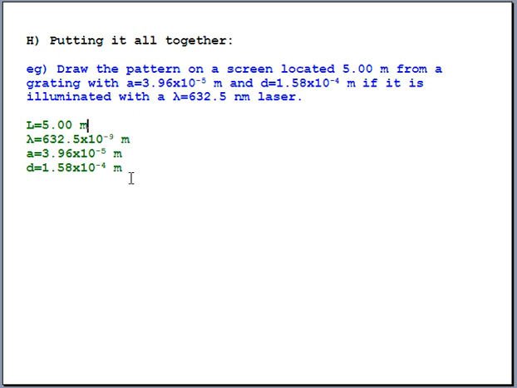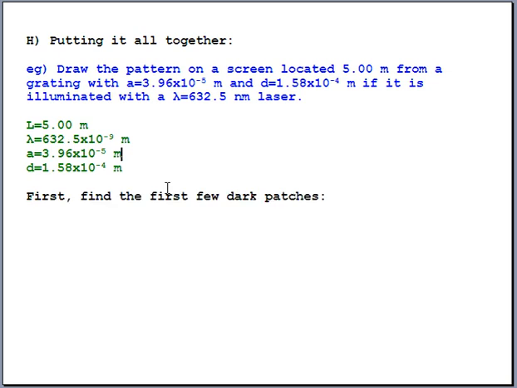Okay, great. So 632 times 10 to the negative 9. It is tiny. It's less than 1,000th of a millimeter across. A is going to be the size of the slits, pretty tiny again, okay, 10 to the negative 5. Not as small as the wavelength, but small enough. It's getting tiny, small enough to make some nice fanning out of the light. And the D, the distance from opening center to opening center, a little larger again.